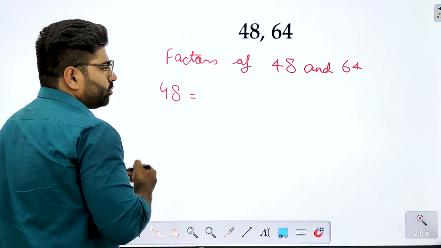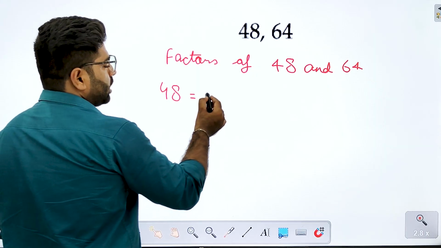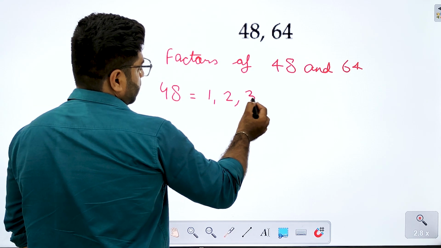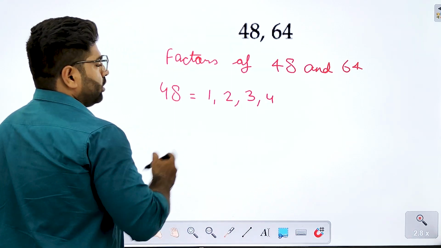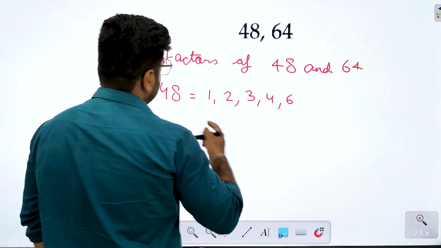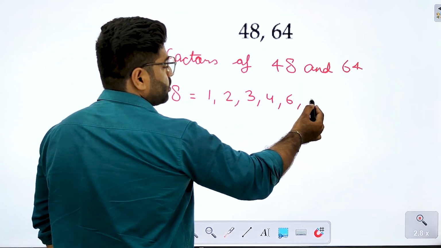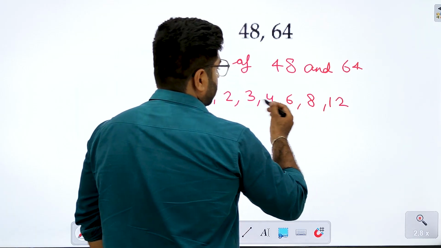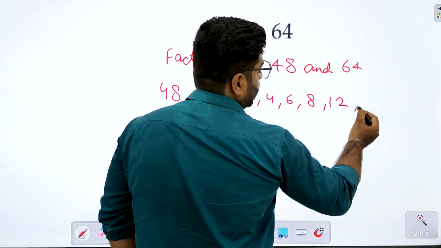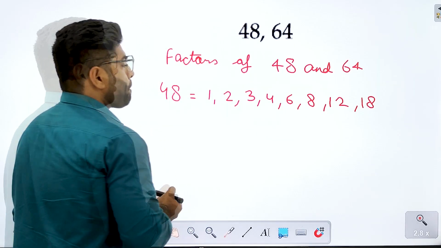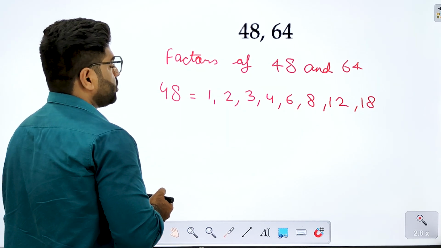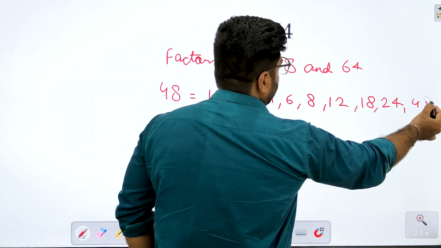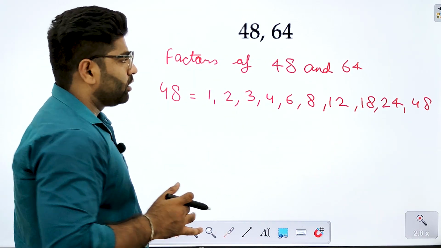Okay, let's start finding the factors of 48: 1, 2, 3, 4, 6, then we can divide it by 8 also, then 9, 12, then this will be 18 also, then 24, and last we have 48. So these are the factors of 48.